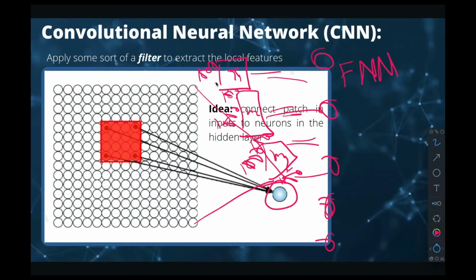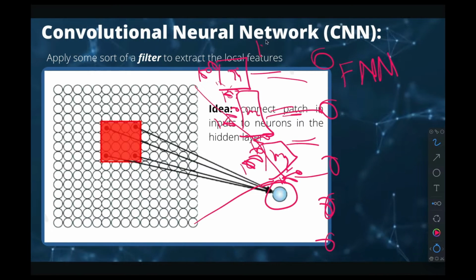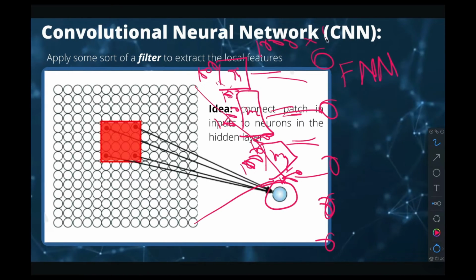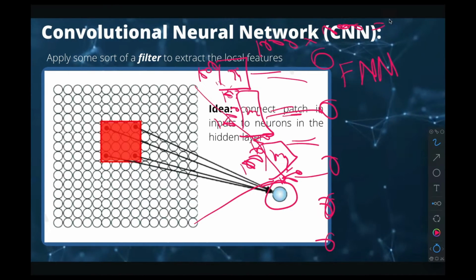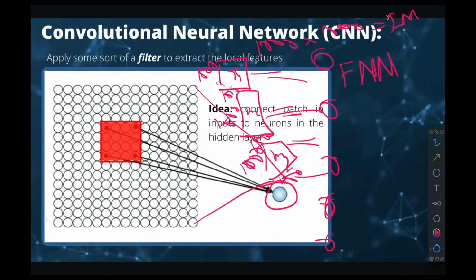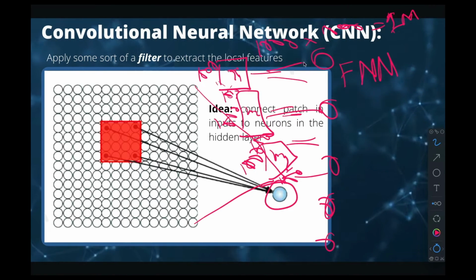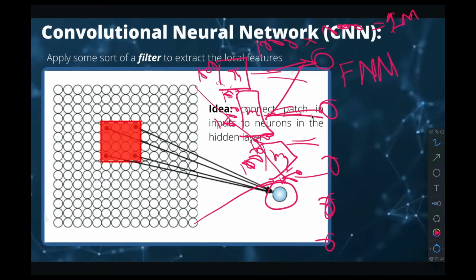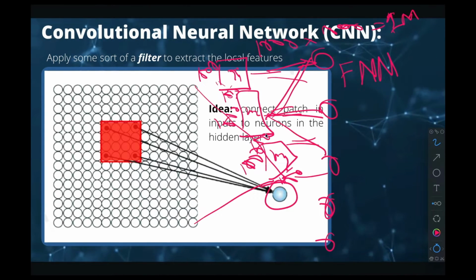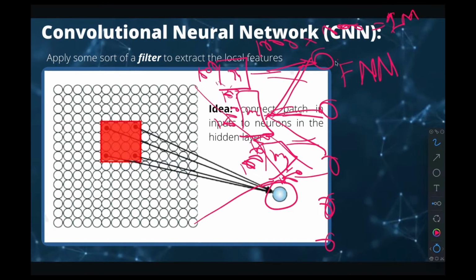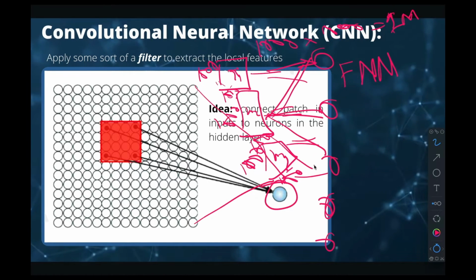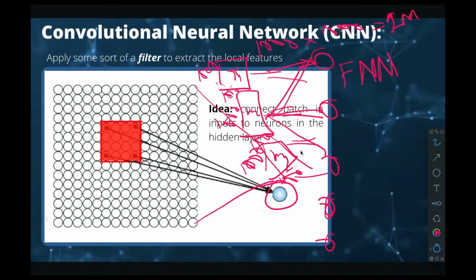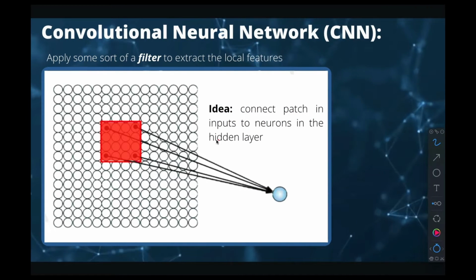Imagine each of these coming with a 1,000 cross 1,000 matrix, which is 1 million parameters just for this neuron. This other neuron will come with its own too. So if you're doing fully connected, imagine how many parameters you have to train. A whole lot.